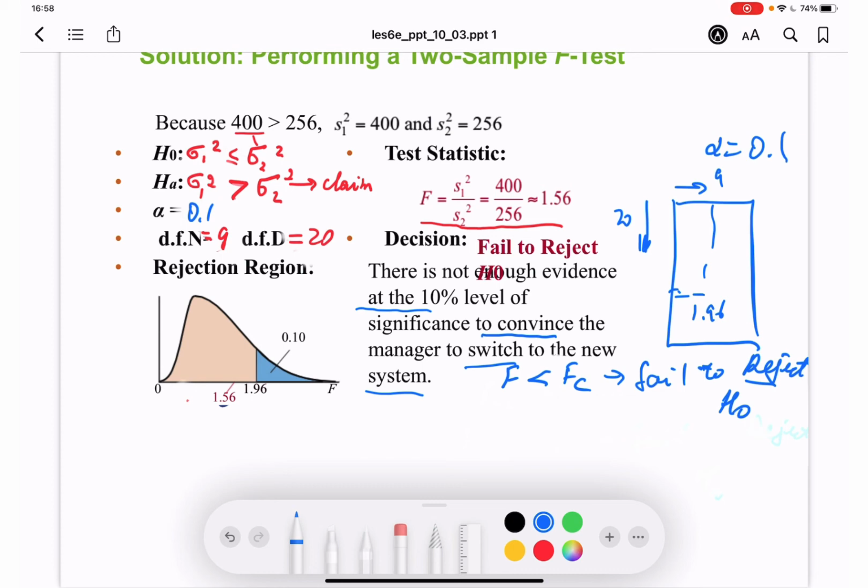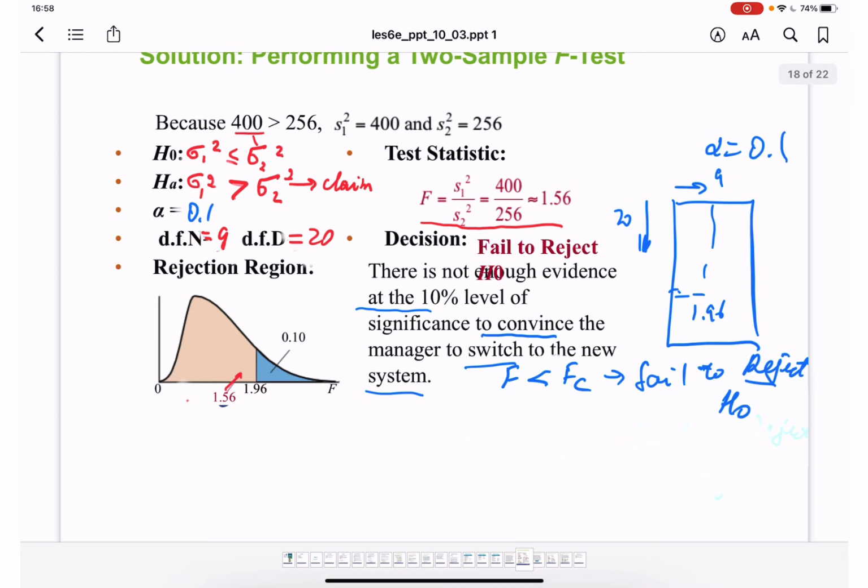Here we have our 1.56 test statistic, and it is falling in the fail to reject area.